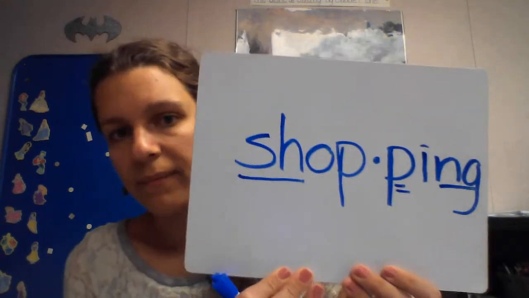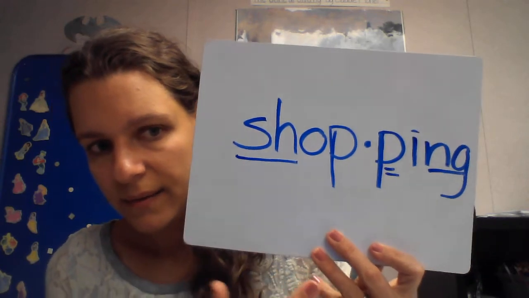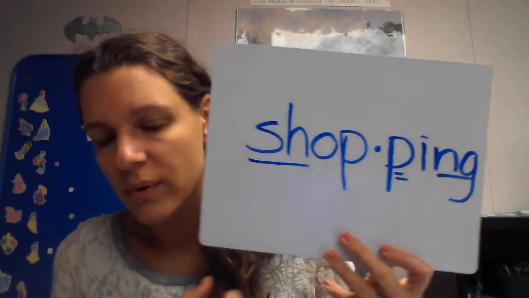So go ahead and double it and then add your vowel suffix, saying the sounds while you write them. All right, so make sure your shopping looks like this. This one's tricky because it's a 1-1-1 rule.